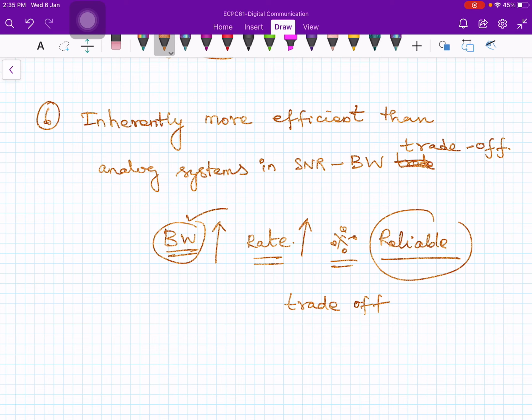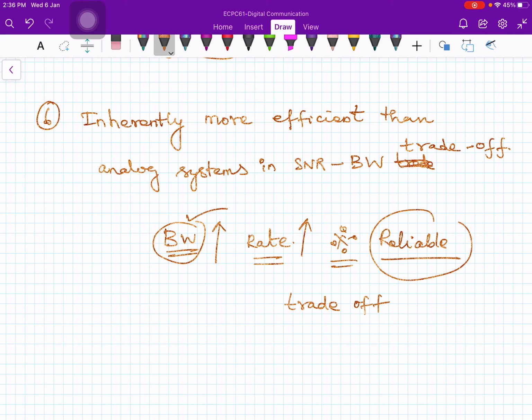In other words, if you have less bandwidth, maybe you will not get as good performance. So this is the cost that you typically have to pay in a communication system. So the question that arises is, what are the good ways of trading off? Because one can trade off in a bad way or one can trade off in a good way.